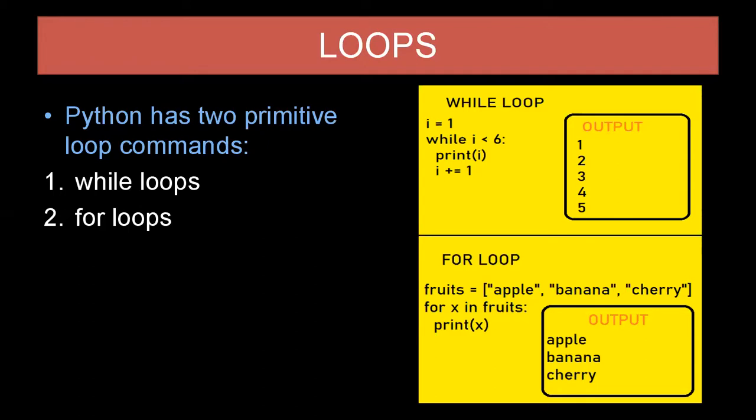So here the condition is i is less than 6. If i is less than 6, the loop will run. If i is not less than 6, if i is greater than or equal to 6, the loop will not run. It will break, and all the output will be printed.